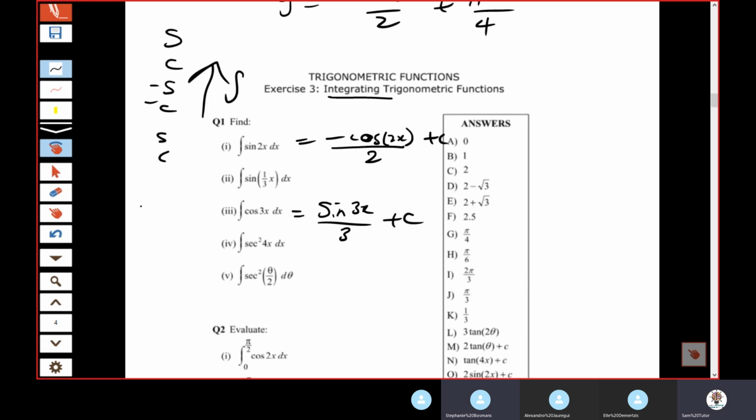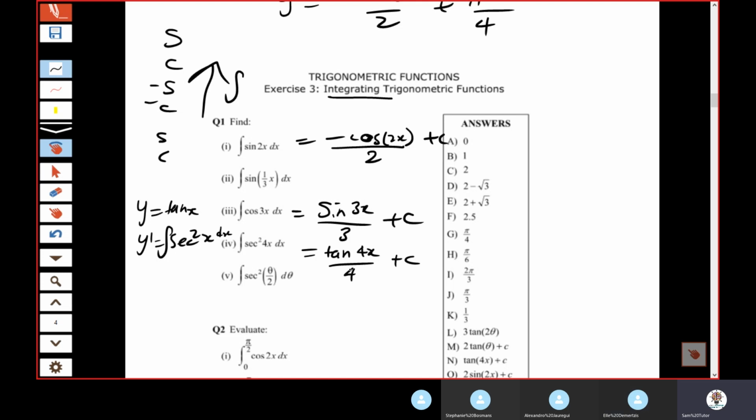The derivative of tan x became sec squared. That means the integral of sec squared becomes what? Tan. Correct. So therefore, sec squared 4x becomes tan 4x all over 4 plus c.